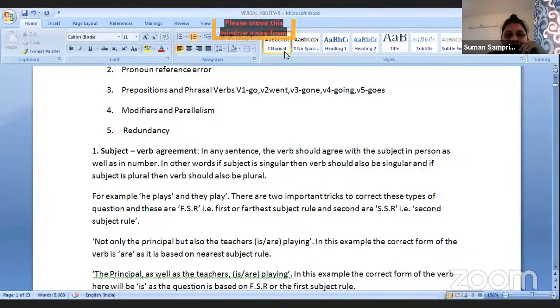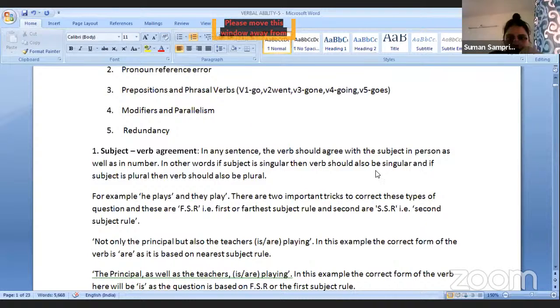So these are the 5 forms of verbs: V1, V2, V3, V4, V5. Most grammar books will give you only 3 forms of verbs, but always remember there are 5 forms.